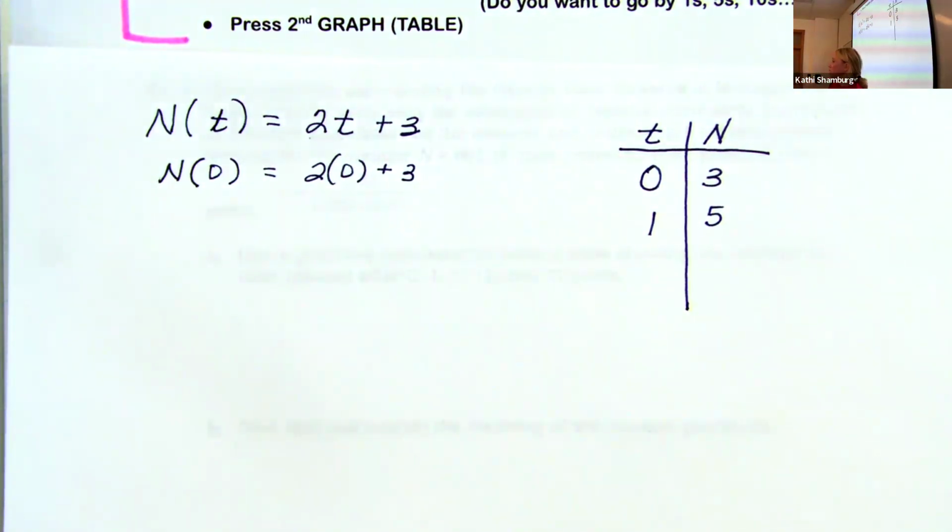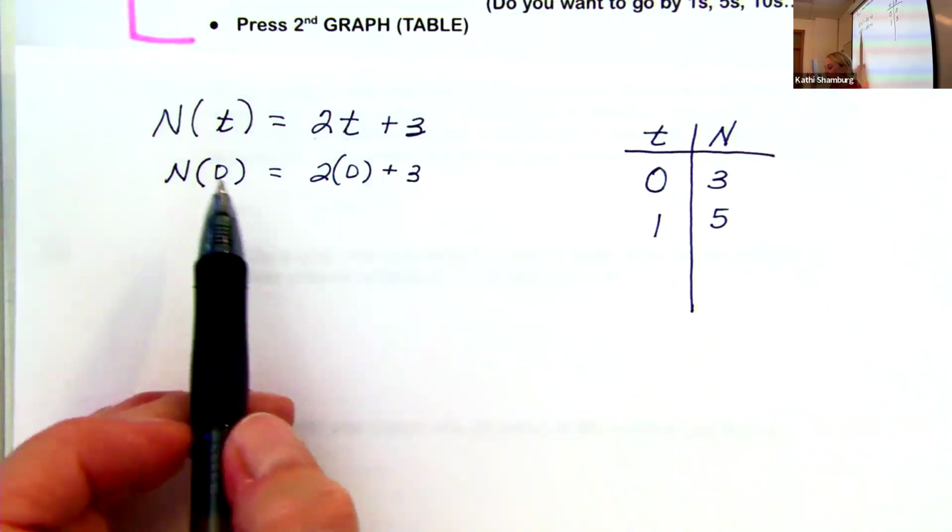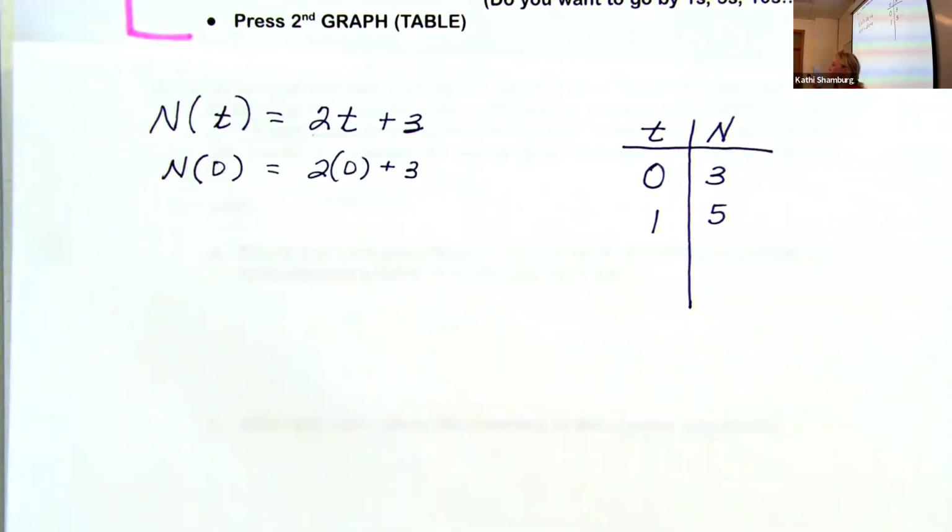Okay, well now we're going to learn how to enter this equation into the calculator. But here's the thing. In chapter 1, sometimes we had n at t, sometimes we had q at w. I mean, all different letters were used. We're not going to use all of those letters in our calculator.